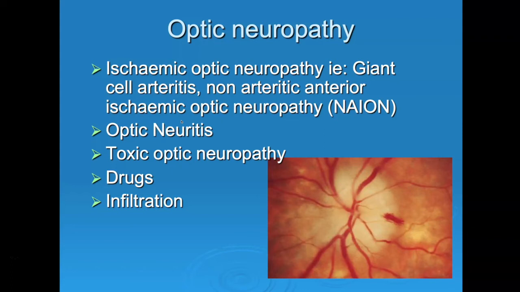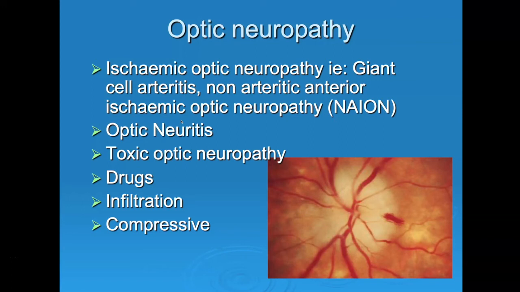Optic nerves can be infiltrated by disease processes such as cancer and amyloidosis, and we need to consider this when we're thinking about optic nerve disease. Finally, of course, brain tumours can push on optic nerves and cause visual impairment.